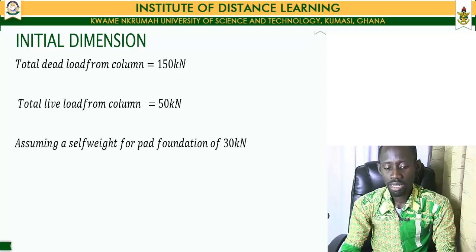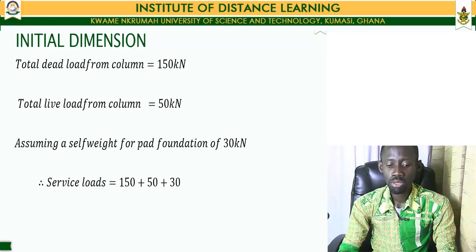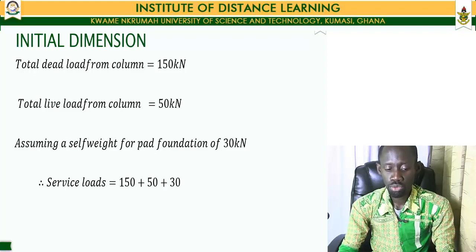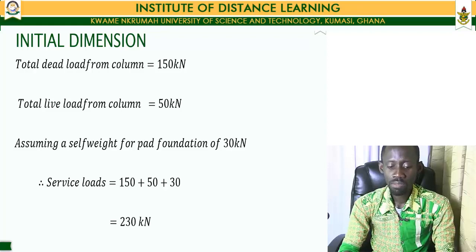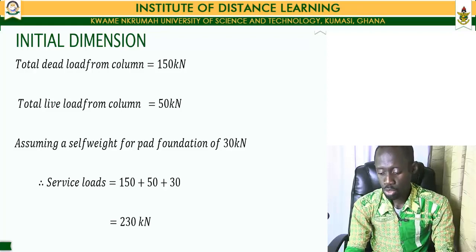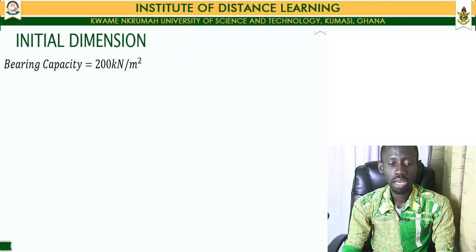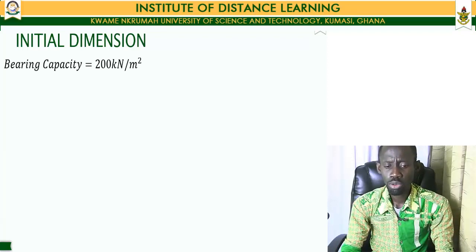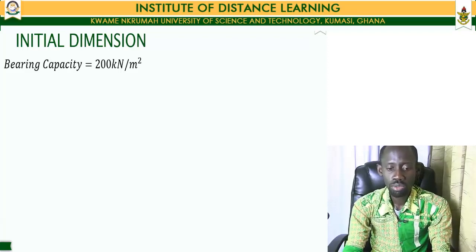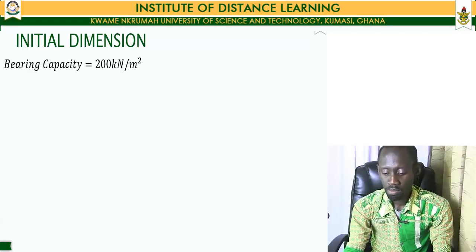With that said, it means that the total load that the pad would have to transfer into the soil would be equal to the 150 for the dead load, the 50 for the live load, and the 30 for the weight of the pad itself, which would give us a total of 230 kilonewtons. Now, from our design data, we're told that the bearing capacity of our soil is 200 kilonewtons per meter squared, meaning that per meter squared of our soil space, it can take as much as 200 kilonewtons.